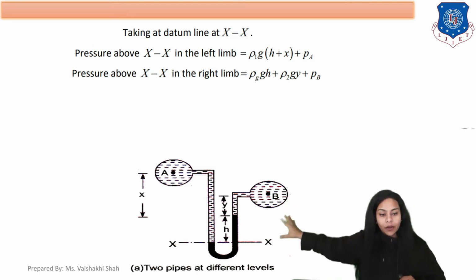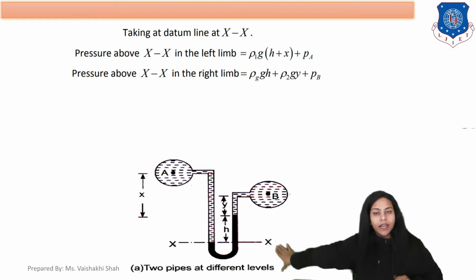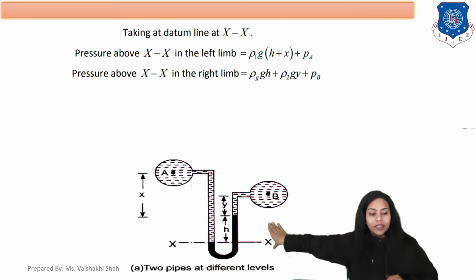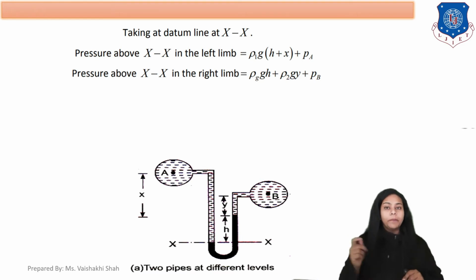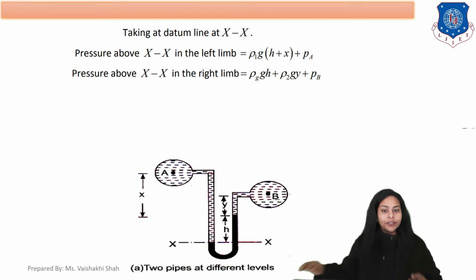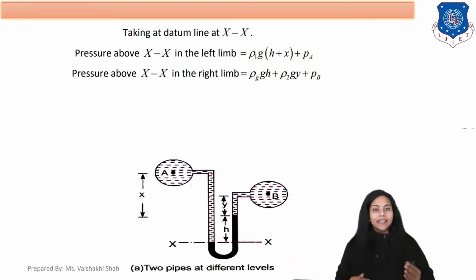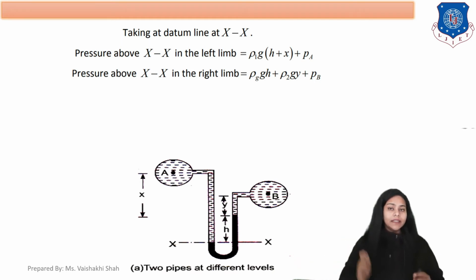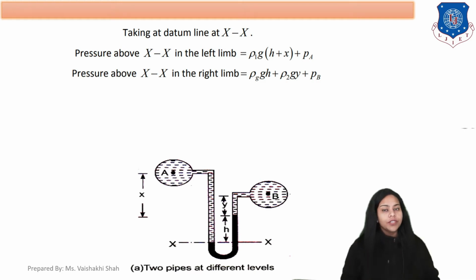Now, in this part, the mercury rises. Due to this rise, the pressure at XX is rho G into G into H. Clear? So the final pressure above XX in the right limb is rho G into G into H plus rho 2 into G into Y plus PB.